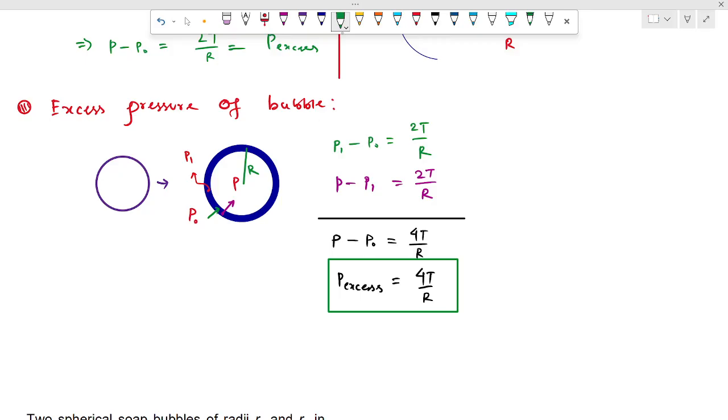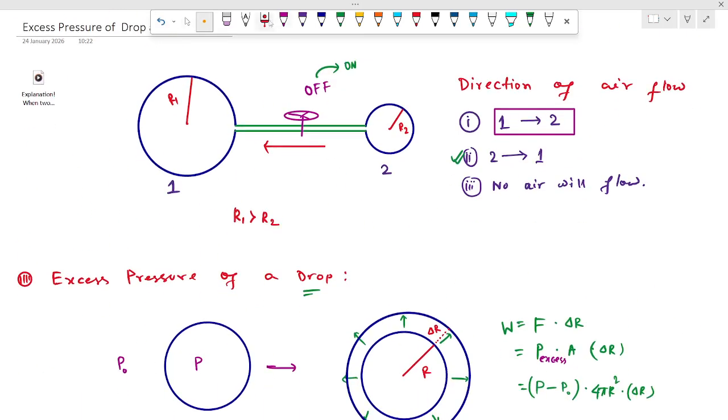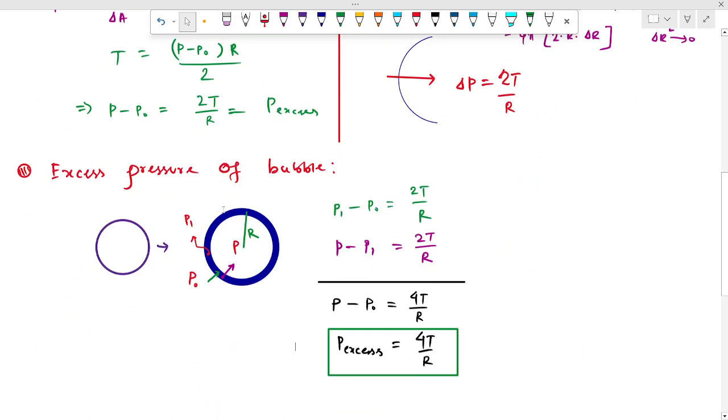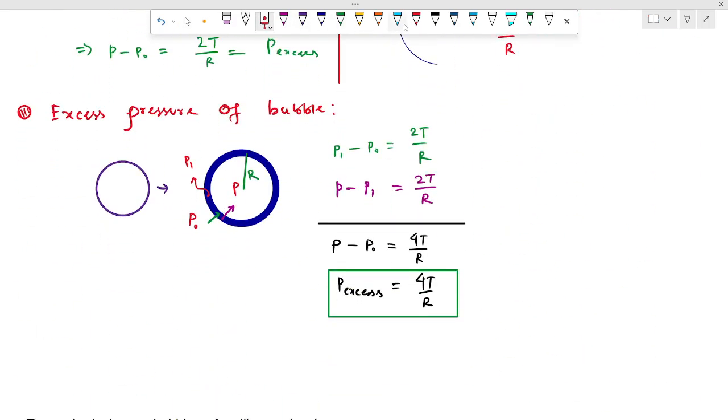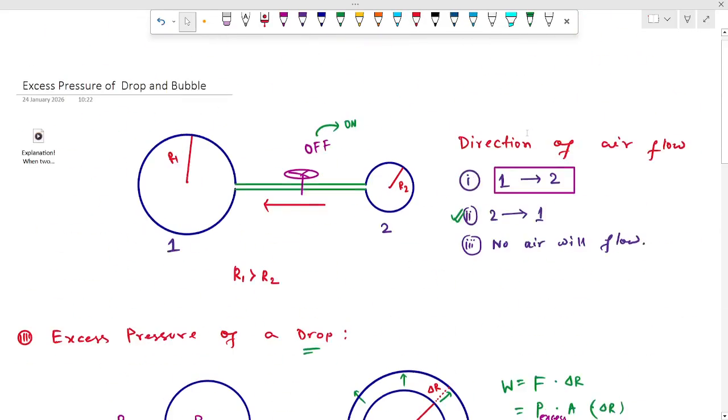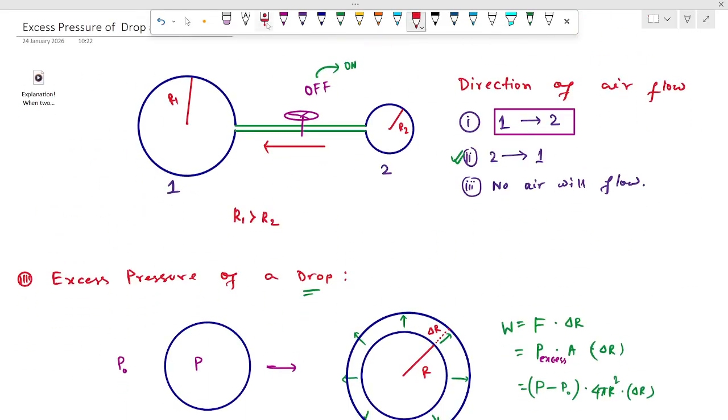Now let us explain the demonstration video. What we see here is that the more the radius, the less the excess pressure. In our question, as R1 is greater than R2, the pressure of the first one will be less than the other.